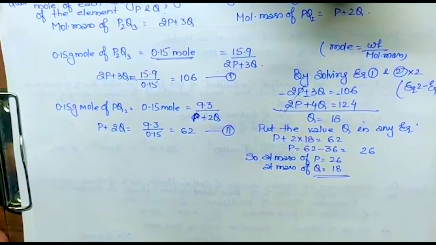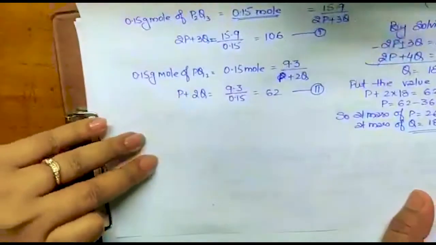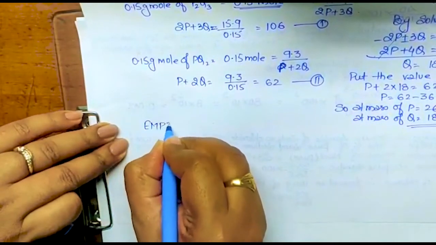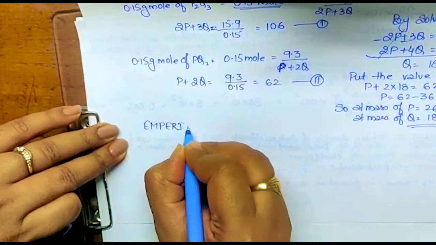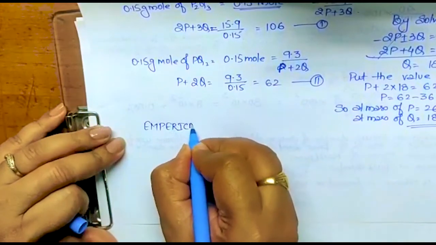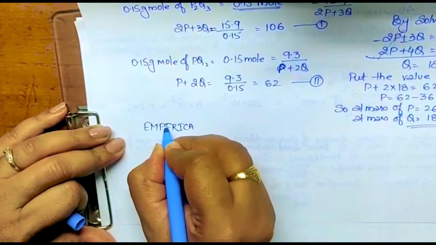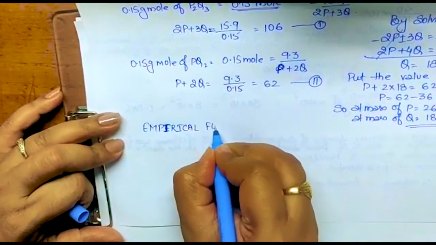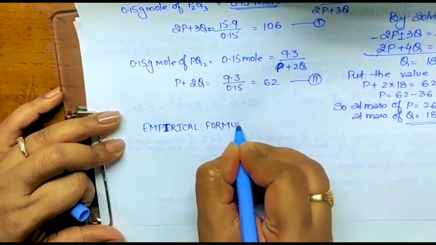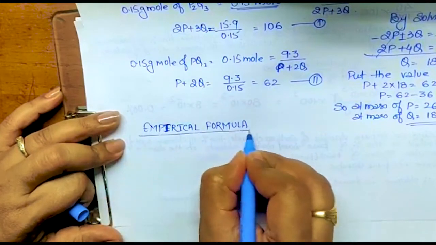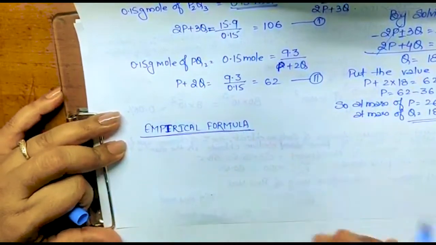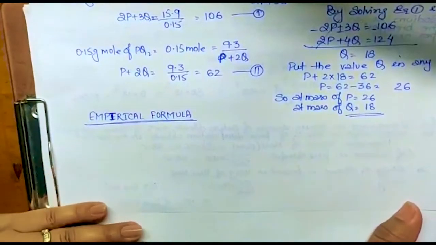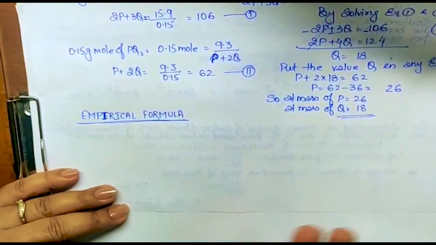Now we are going to start a new topic. The next topic is empirical formula, okay? Sorry, it's not E, it's empirical. Empirical formula, okay? In this, first let's get the knowledge about this empirical formula, then we will try to solve it, we'll know the way to solve this, okay?